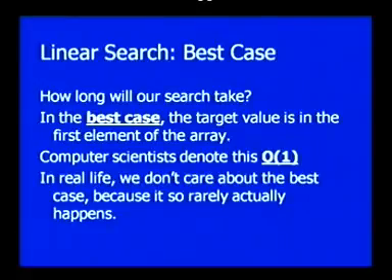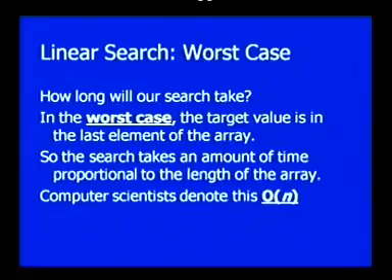In the worst case scenario, I may require n comparisons to find out whether my element is the last element of the array or whether my element is available in that array or not. So, the worst case complexity of this algorithm is order of n.